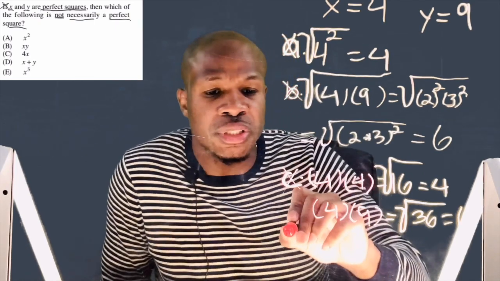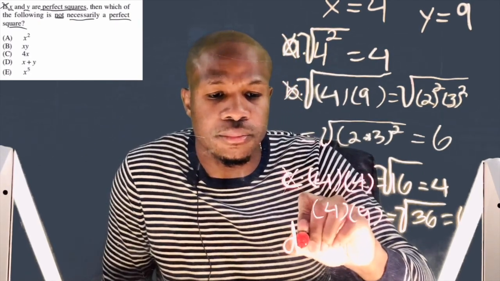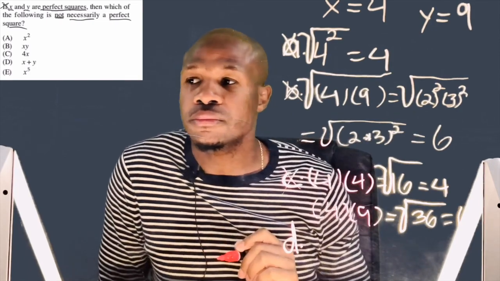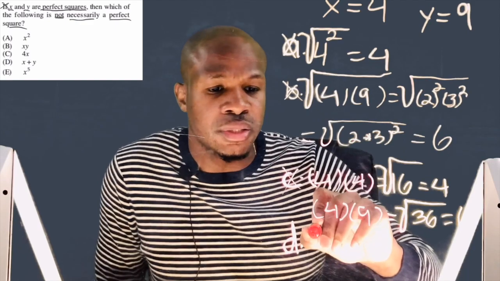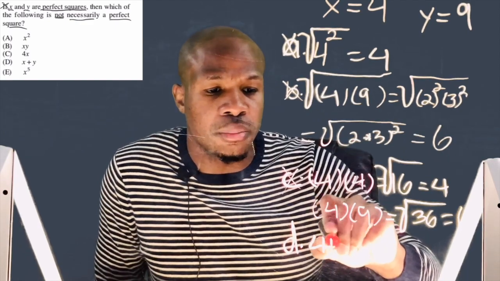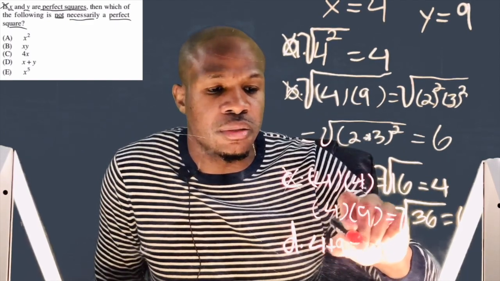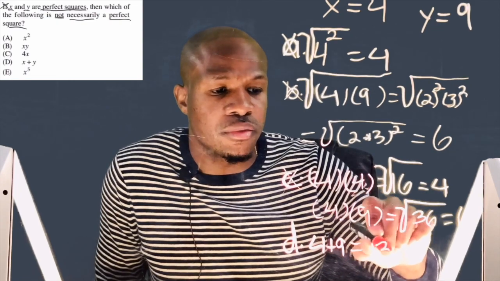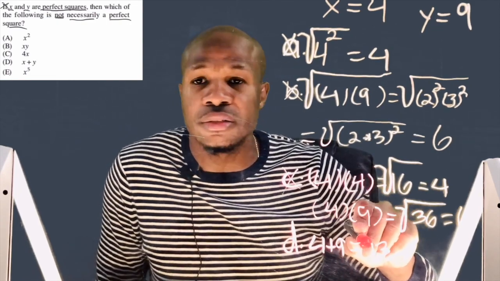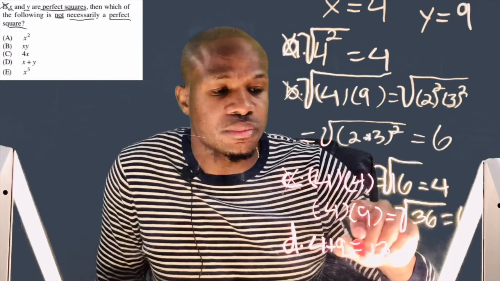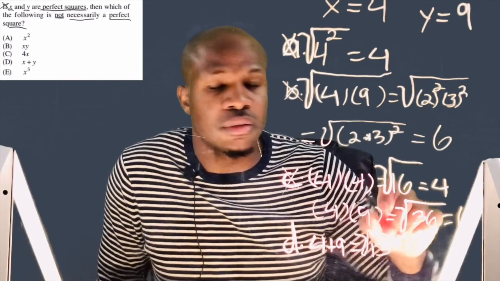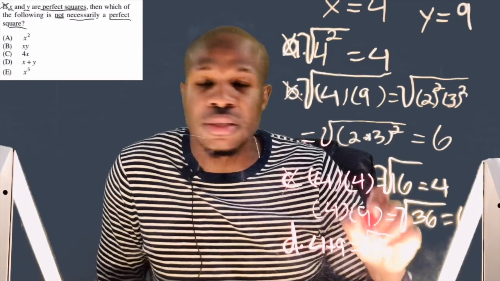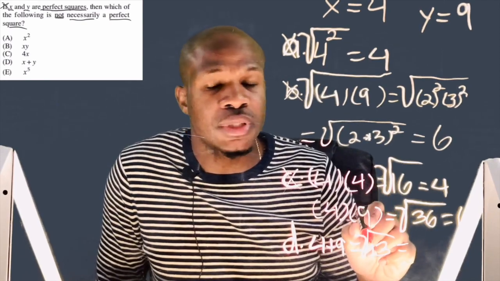So now we move on to D. D is x plus y, so that's 4 plus 9, which equals 13. So is that a perfect square? If we take the square root of 13, that is not a perfect square.